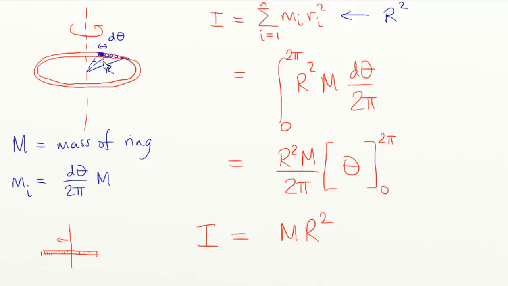Here the distance from the axis of rotation is not changing, but we're dividing it up by theta. It's that part that's going to be changing all the way around. So it's another simple one to do, really, the ring about a central axis.